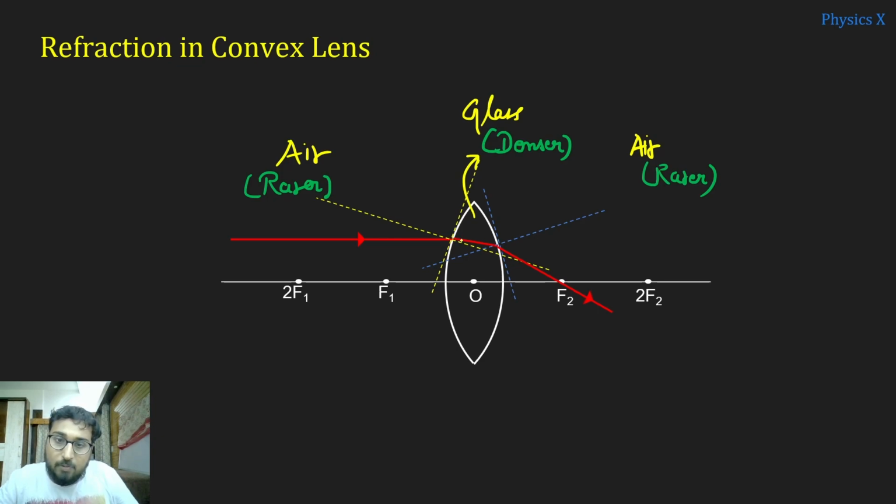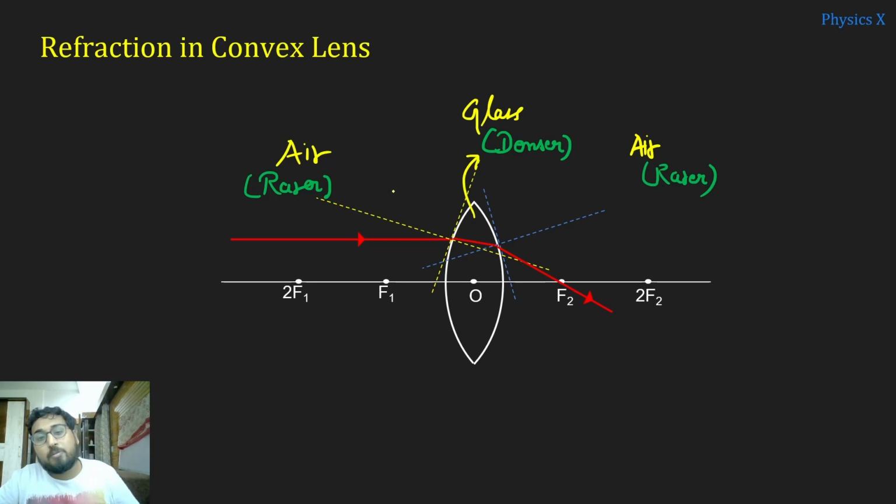That is, the speed of light becomes less and it is bending towards the normal. Now at the second interface, since this is a denser medium and this is a rarer medium, it is bending away from the normal. The meaning is that still this ray of light is bending closer towards the denser medium. That is the meaning. Okay, so that is why for the denser medium, we say we are having a higher refractive index.